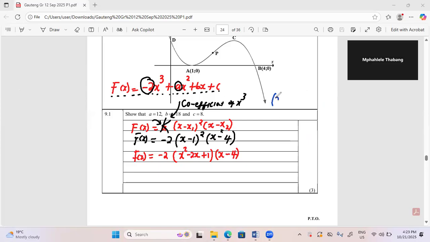So you take this x and multiply with everything in this bracket. You're going to have x cubed minus 2x squared plus x. Now you take negative 4 and multiply with everything as well.